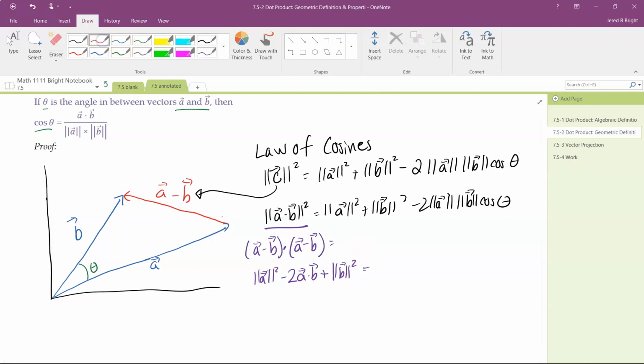When I go through, length of a squared is going to cancel, length of b squared is going to cancel, and the minus 2 is going to cancel after I do division. So really what I end up with at the very end is that a dot b is the same as length of a, length of b, cosine of theta. Oh, look.